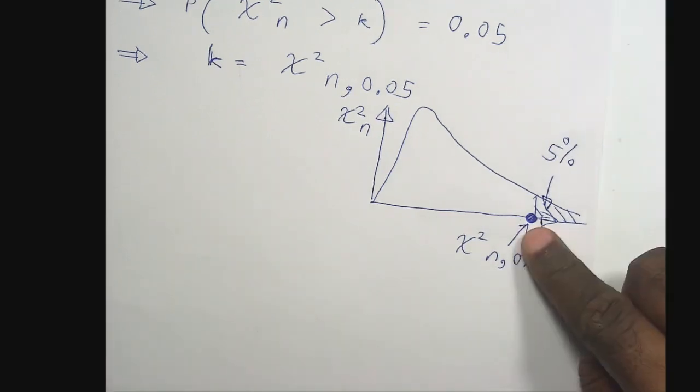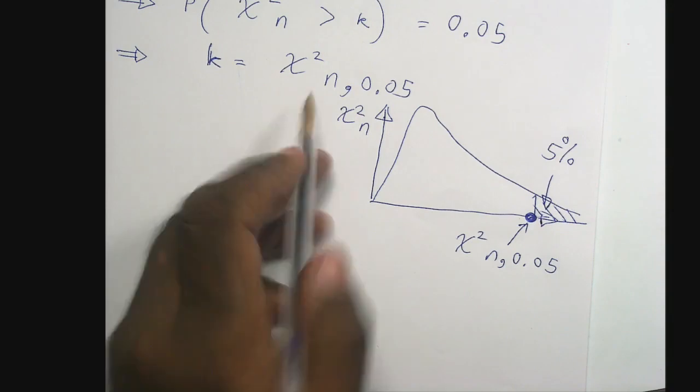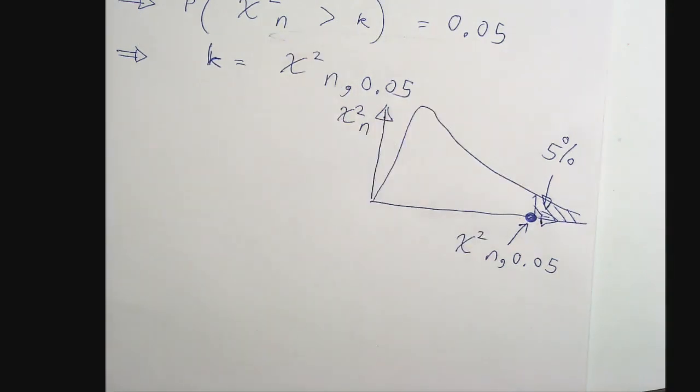So this is the point that is exceeded with probability 5%. And that's what we were looking for here, right? Yes? You alright, guys? So that completes part 2 of question 2.